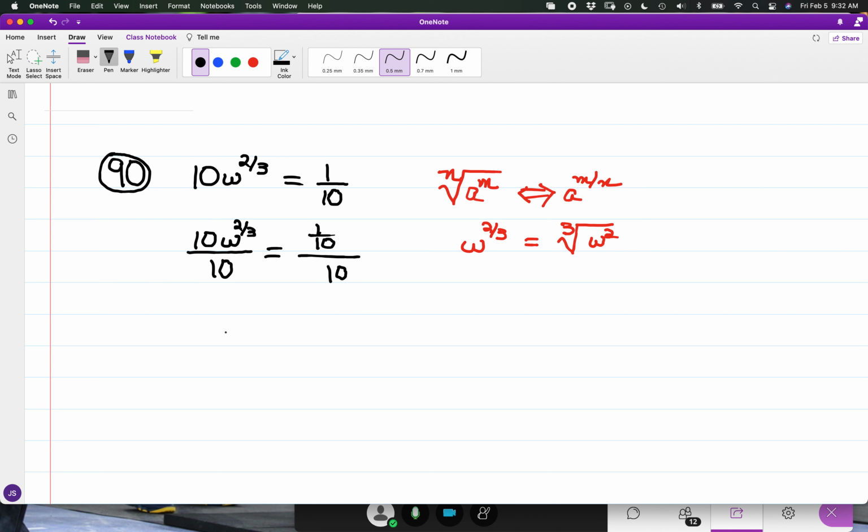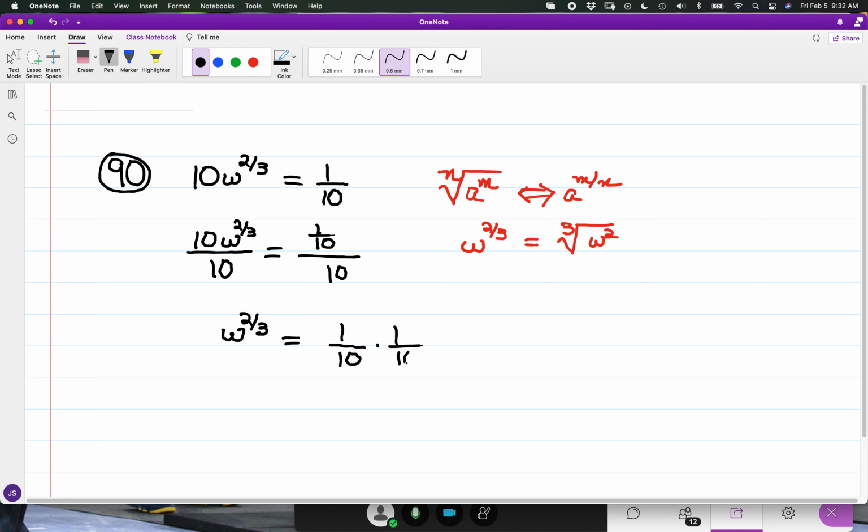Left-hand side, we will have w to the 2/3. For the right, 1/10 divided by 10. If you're dividing by a number, it's the same as multiplying by the number's reciprocal. So w to the 2/3 is going to be 1/10 of itself. So we have w to the 2/3 is equal to 1 over 100.